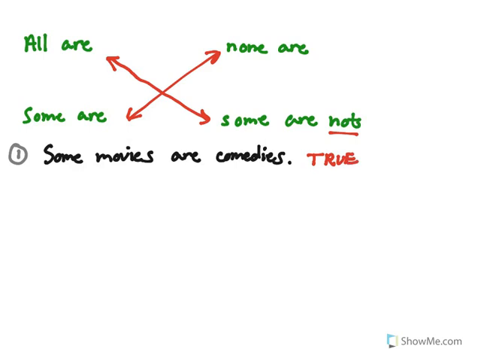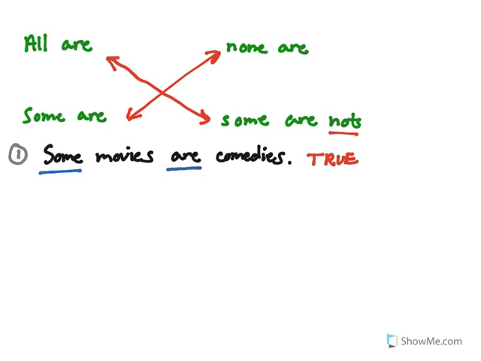All right? So you notice we're starting off with some. Okay, some are. Let me just underline that word as well so it matches, okay? Some are. Some movies are comedies. We can agree with that, that's true.